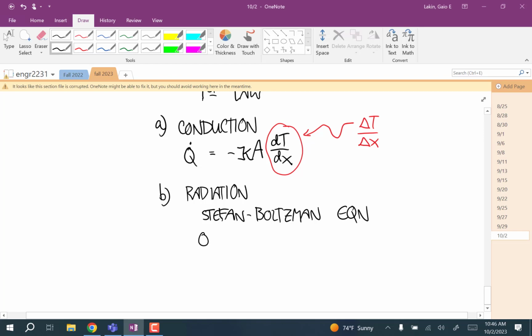That says Q dot emitted is equal to the emissivity times the Stefan-Boltzmann constant times the surface area of the object times temperature to the fourth. And remember that to use this, this temperature has to be in an absolute temperature scale. So you can't use Celsius or Fahrenheit for that.